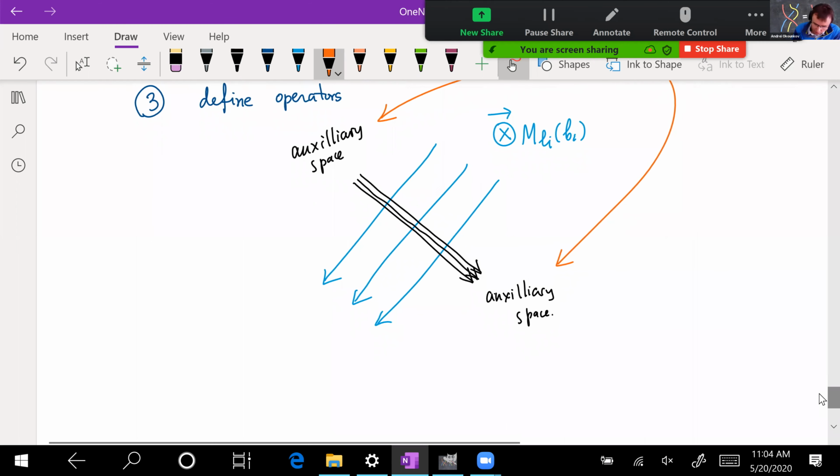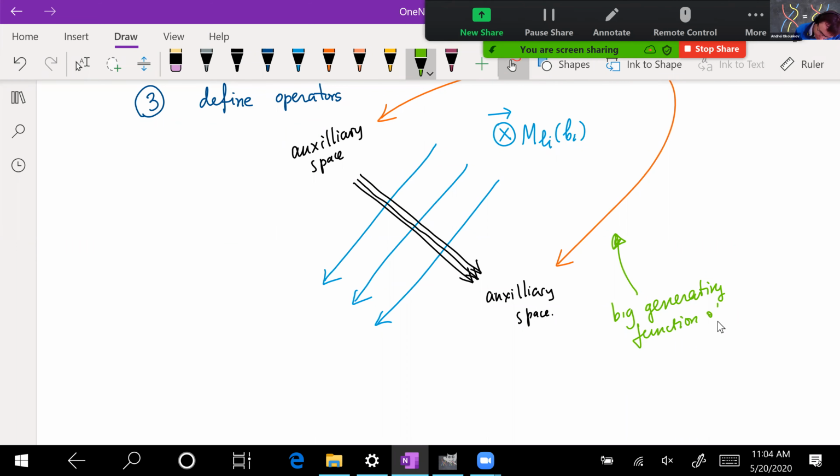The point is that this matrix element is really a big generating function of operators.